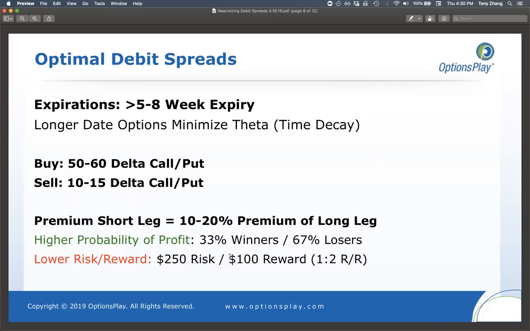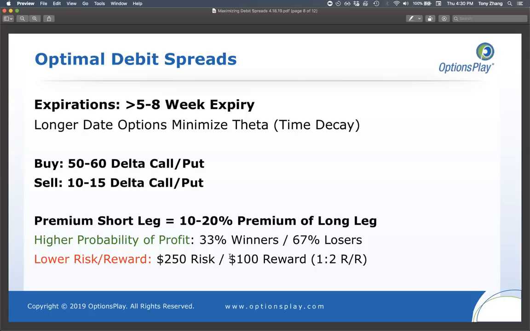So anywhere from 5 to 8 weeks out is usually the minimum threshold of the options that you should be looking at when you're buying any form of options. Even if you're just buying a call or a put, you generally want to go out at least 5 to 8 weeks. Even if you only plan on holding onto the trade for a week or two, you should still buy a longer dated option because it's going to erode much slower than, let's say, a 2-week option.